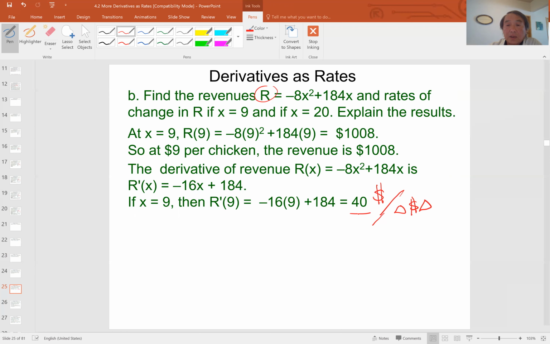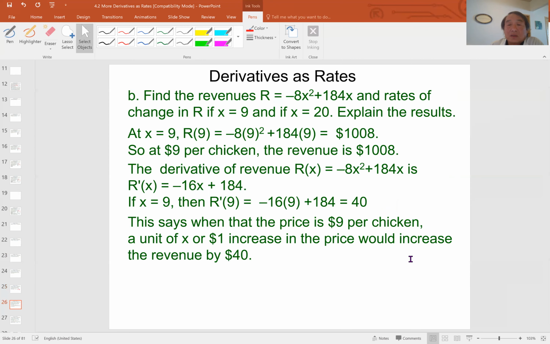It's $40 per change in dollar, change in the input. So that's the units. And what does the unit mean? It says at the price of $9 per chicken, if we change the input by $1, that is, raise the price to $10, roughly we will increase our revenue by $40.